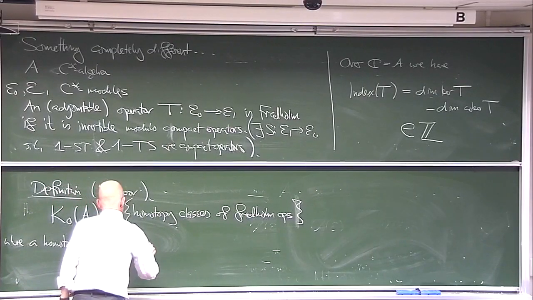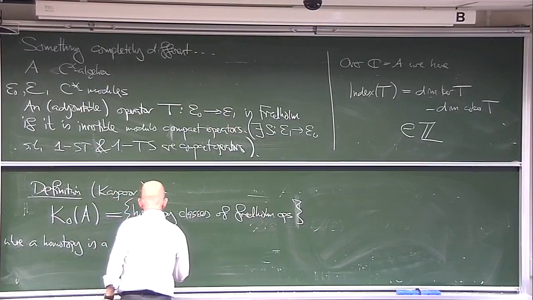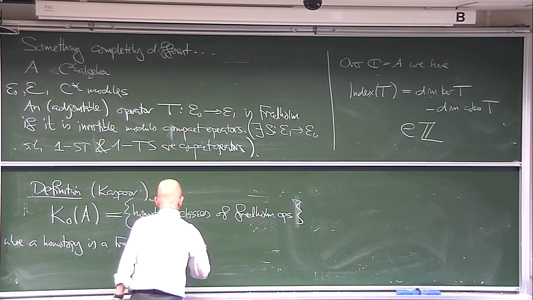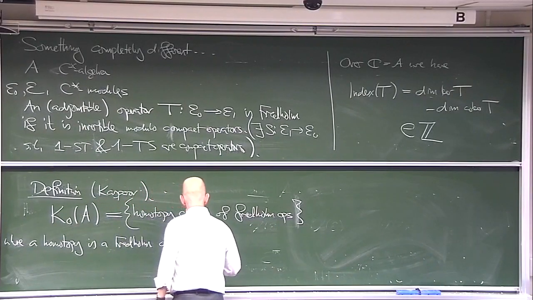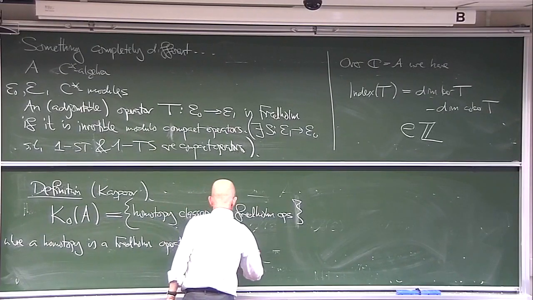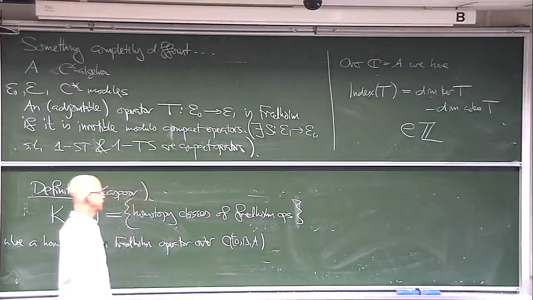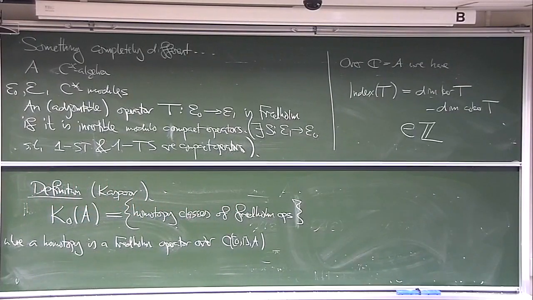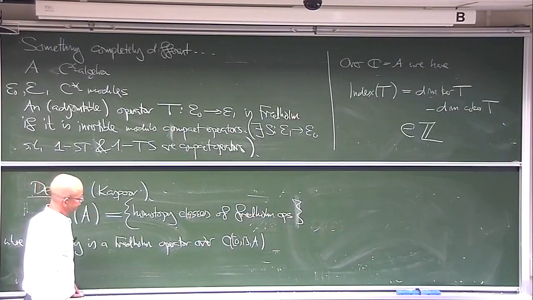A homotopy of Fredholm operators is just the same thing as a Fredholm operator over not the C-star algebra A, but the C-star algebra of functions from the interval to A, like that.